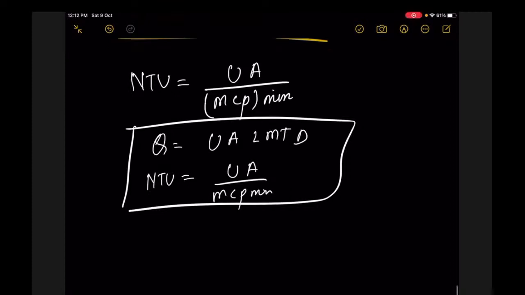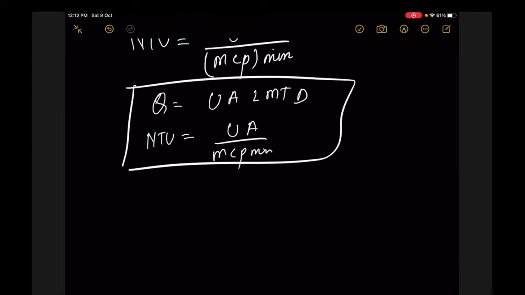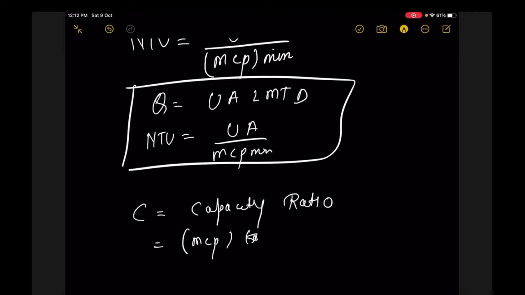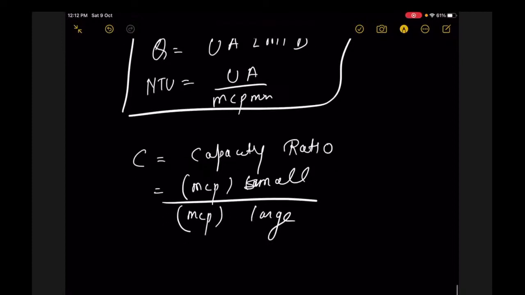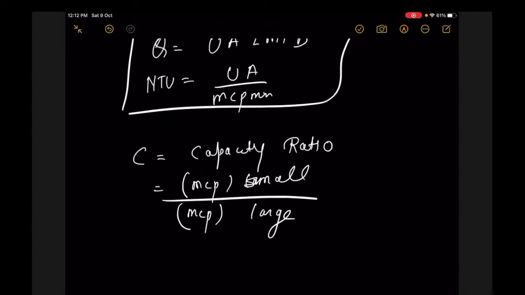Okay. So now it totally depends upon the capacity ratio, C, which is MCP small upon MCP large.